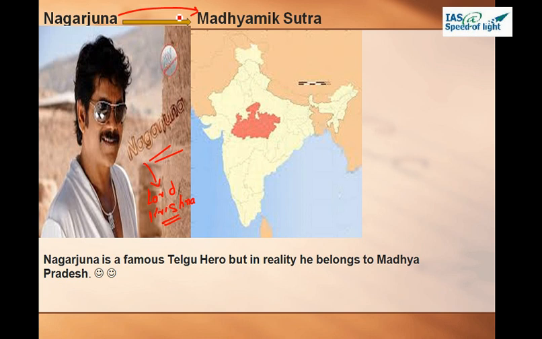So from Madhyamik we get Madhya Pradesh. Nagarjuna is a famous Telugu hero, but in reality he belongs to Madhya Pradesh. So Nagarjuna, actor Nagarjuna, we are relating with Madhya Pradesh. So he comes from Madhya Pradesh.